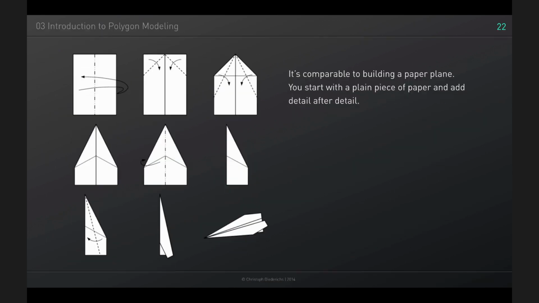So another way to describe polygon modeling is by comparing it to making a paper plane. When you build a paper plane, you start off with a plain piece of paper, and then you add detail after detail by folding your paper. Now in the end you hope that your paper plane flies. And in a way the same is true for polygon modeling.